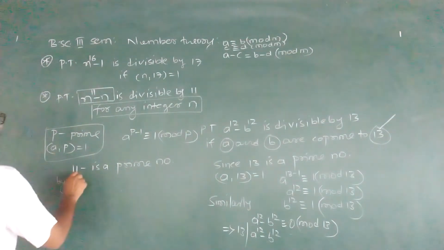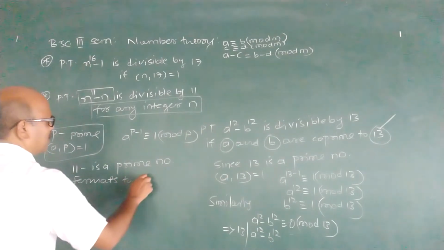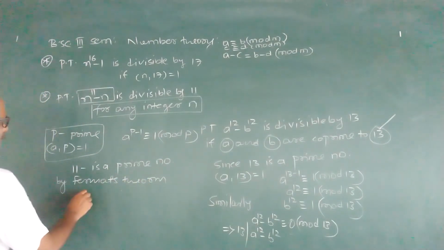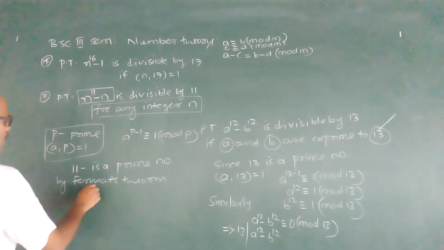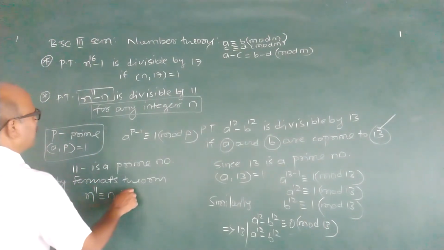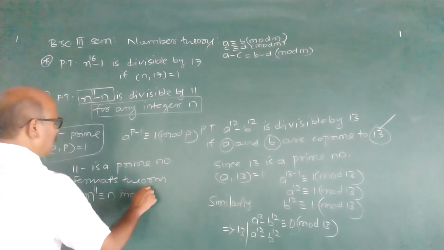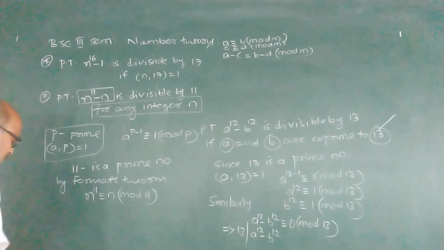Therefore, by Fermat's theorem, since n is any integer, n raised to 11 is congruent to n mod 11.